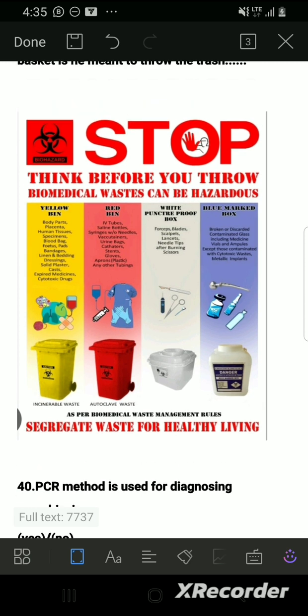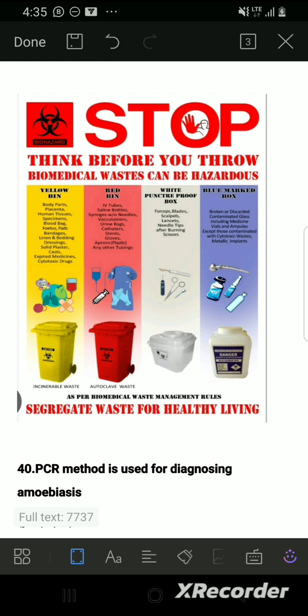The white puncture-proof box is used for forceps, blades, scalpels, lancets, needle tips, and scissors. The blue box is used for broken items like contaminated glass and solid substances that we use in the hospital.